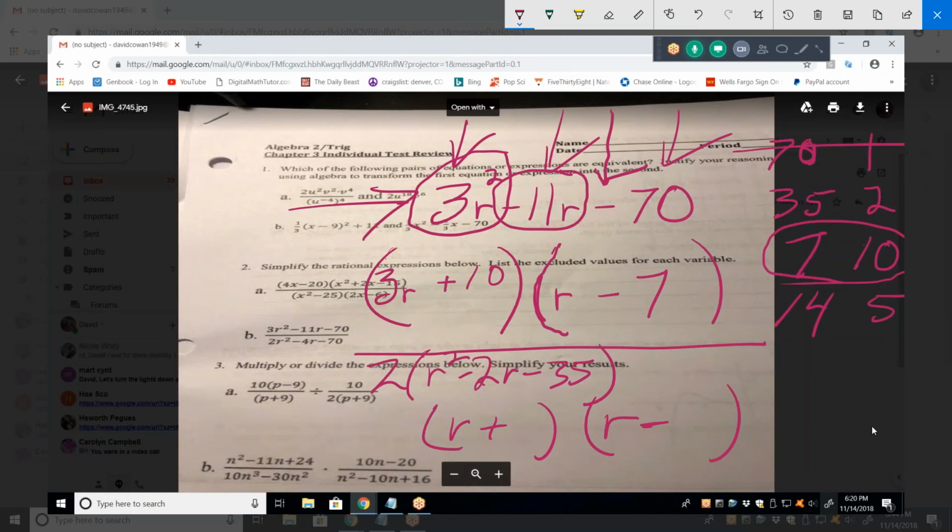That add to 2. Not add. That's a negative sign. Oh, subtract to 2. And it's always that sign. In other words, if that was a positive sign, they would need to add to 2. If it's a negative sign, they got to subtract to 2. Well, what factors of 35 subtract to 2?